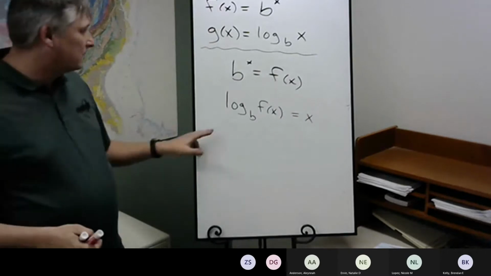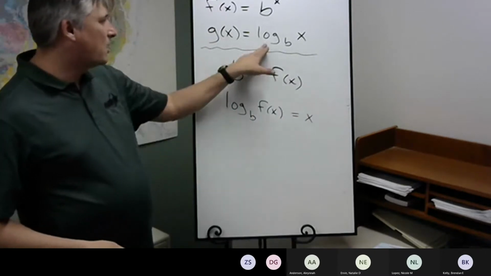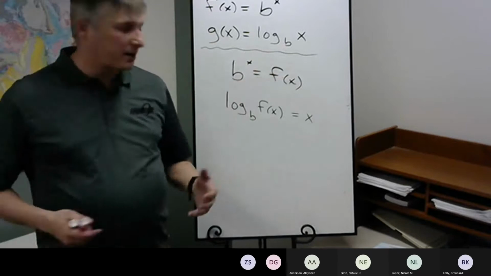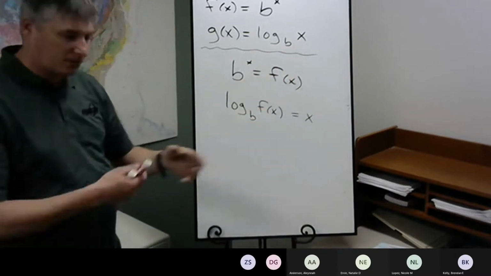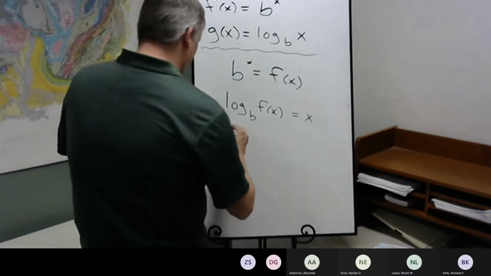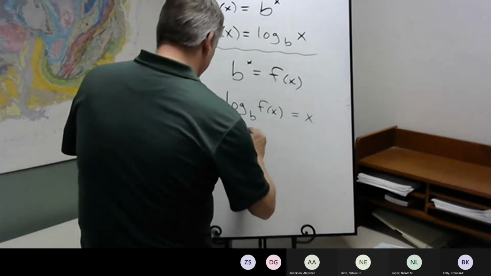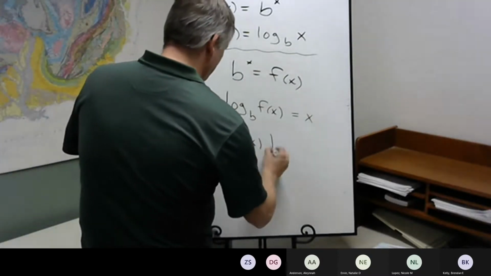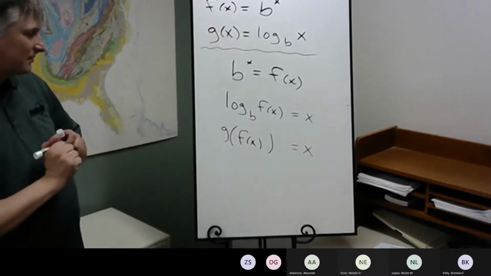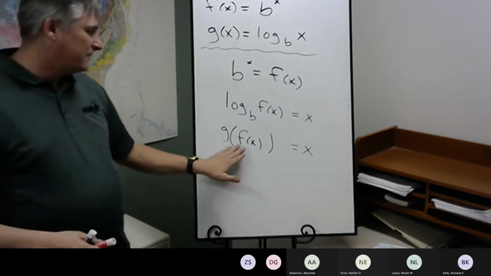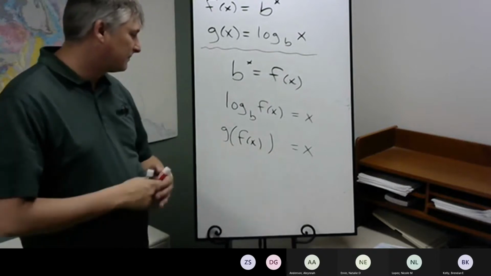Now let's keep in mind, log base b is g of x, except instead of having plain x, we've got f of x. So this means we're inputting f of x, and that gives us x. So g of f gives us x.